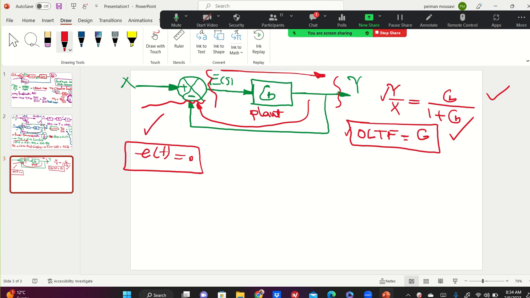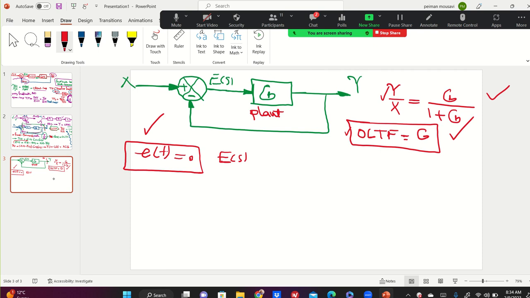When the error signal is 0, look at here, E of S from this block diagram, E of S based on C is X minus Y. I want to make this 0, meaning that I want to have your Y equal to X at the end of the day.